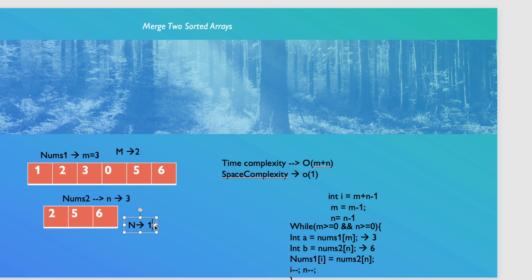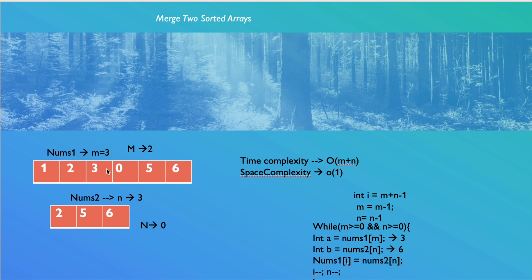Now the value of n comes out to be 0, the value of m is 2 and the value of i will be 3. Now we'll check nums1 at the mth location, which has value 3, and nums2 at the 0th has value 2. Which one is greater? 3.